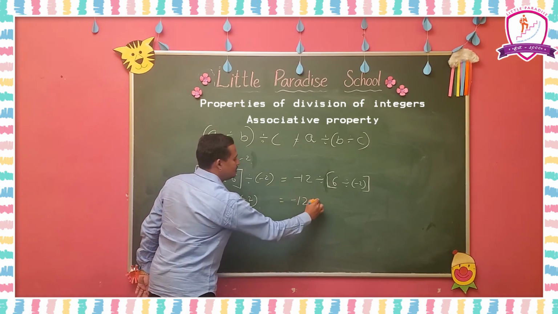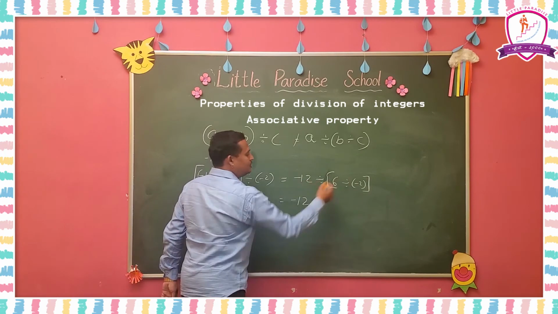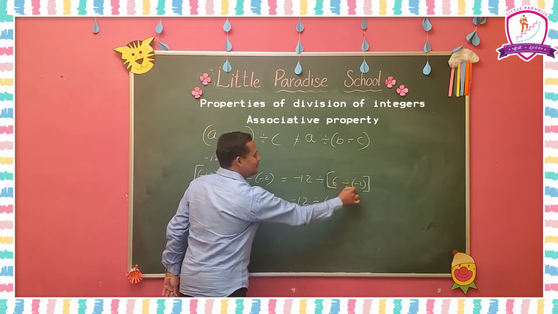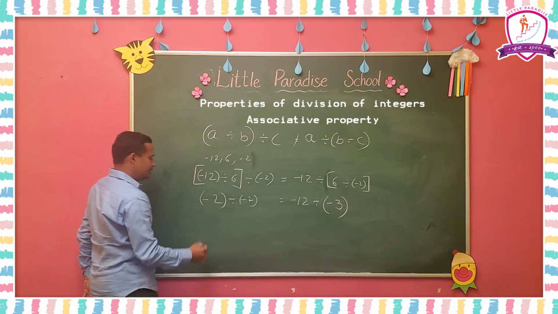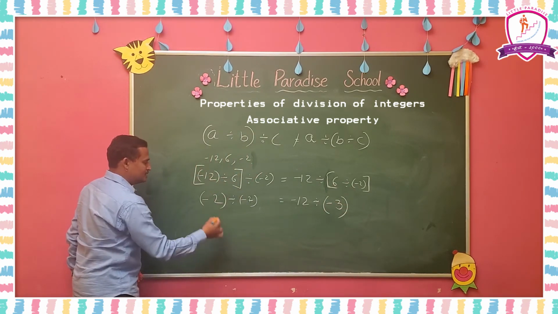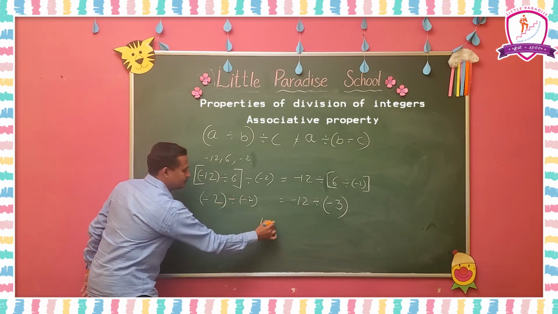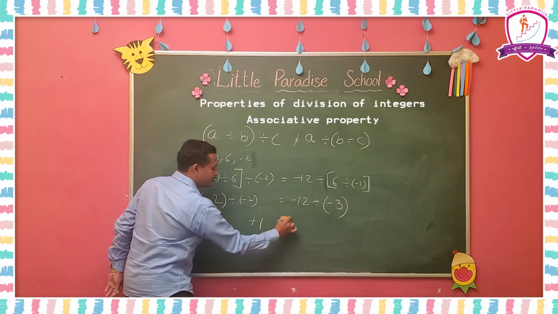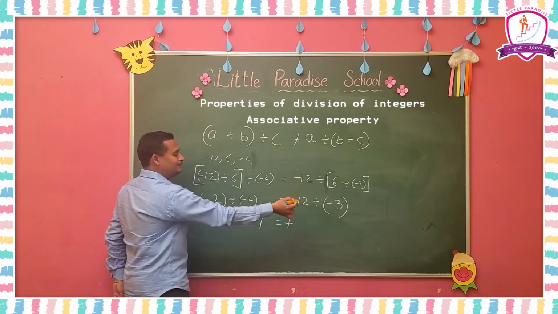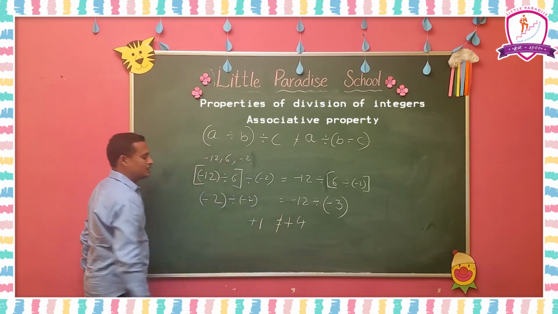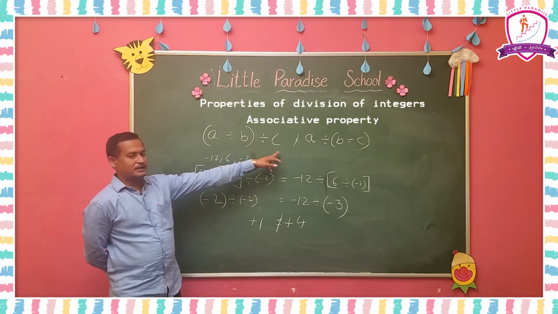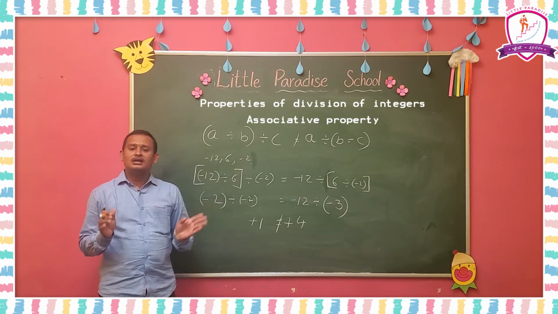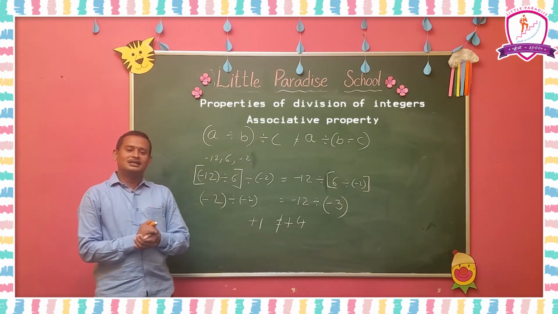Minus divided by minus means plus, and 2 divided by 2 means 1. For the second, 6 divided by minus 2: plus divided by minus means minus, and 6 divided by 2 means 3, so we get minus 3. Then minus 12 divided by minus 3: minus divided by minus means plus, and 12 divided by 3 means 4. Here these two are not equal, 1 and 4. So we observe that division is not associative for integers.